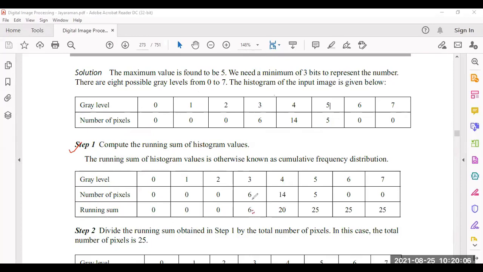For value 3 there are 6, and before that it was 0, so 0 plus 6 is 6. Now how is 20 obtained? We are finding the cumulative, so before that 6 plus 14 is 20. Then 20 plus 5 is 25. Then 25 plus 0 is 25, and again 25. So first you have to find the cumulative frequency or running sum of the histogram.